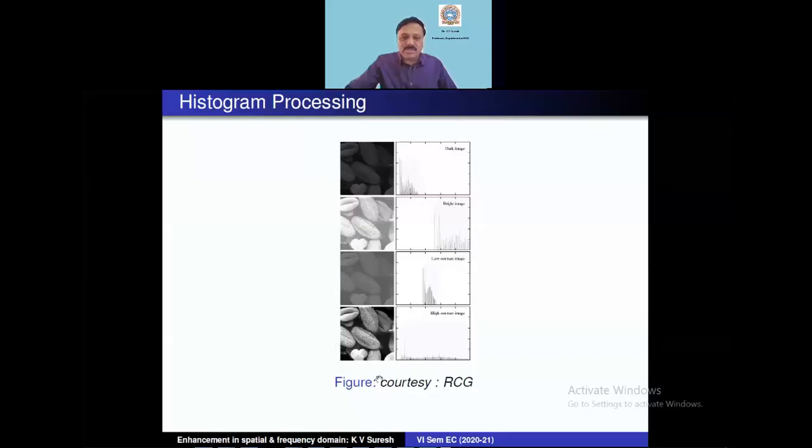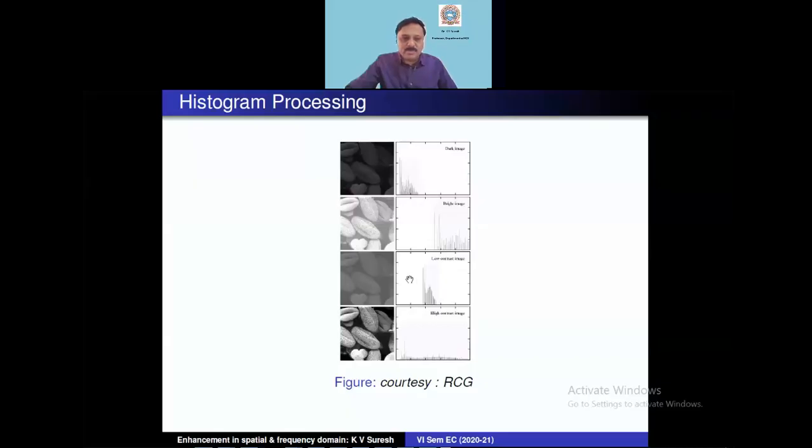So what we want is this type of image, not any of these, because this is a dark image, this is a bright image, whereas this is a low contrast image. Whenever the illumination is varying, very less or sometimes very large, we can expect these types of images to be captured.